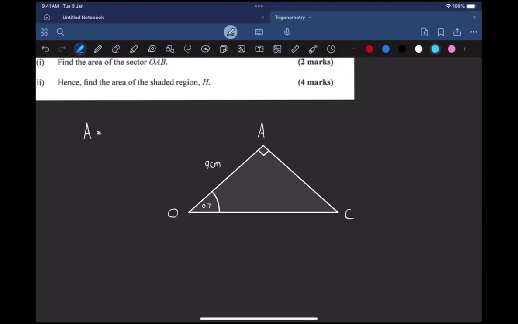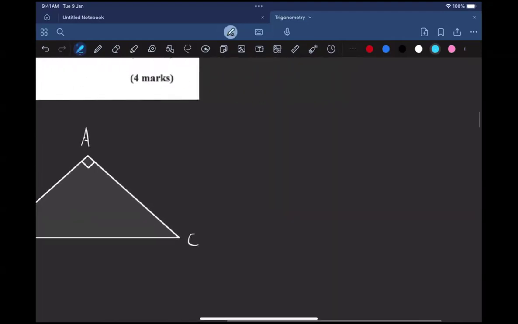To use Pythagoras theorem, how many sides do you need to know? Two. So for Pythagoras, you need two sides. That's the criteria. For trig ratios, you need to know at least one side and at least one angle.